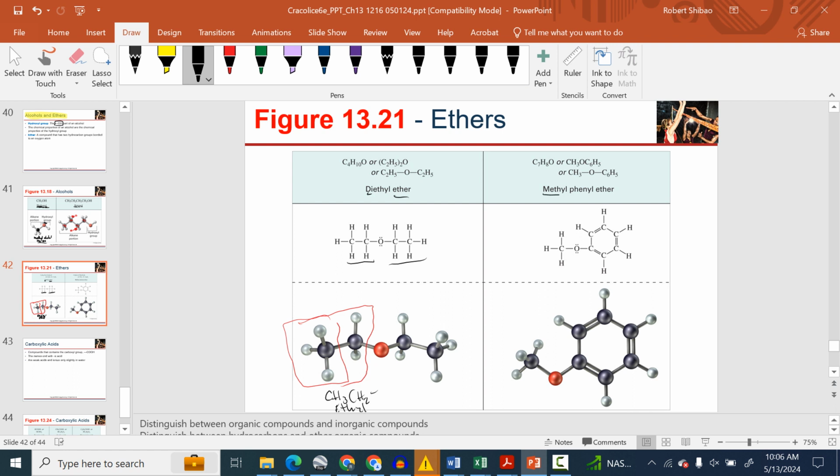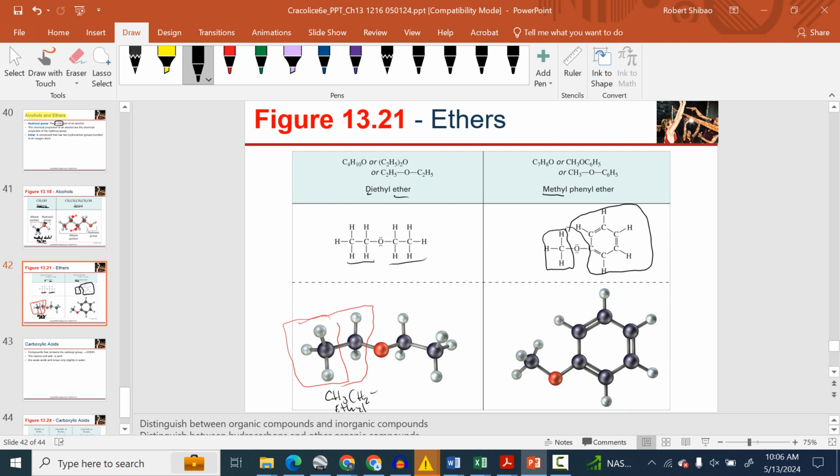Over here I have methyl, which is the CH3 group, and this big group over here is called phenyl. This is what we call a benzene ring. This benzene ring is all sp2 carbons. They're all trigonal planar carbons.